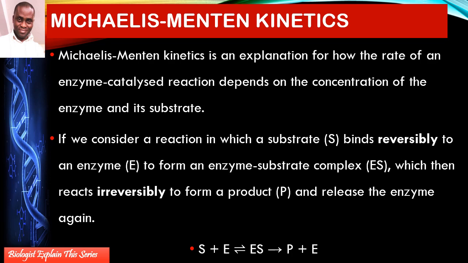Then from there you even form the EP complex, meaning the ES and the EP are both transition states on the way to forming the product. Of course, when the products are formed, they are not compatible or complementary with the active site. They have to be released, and the active site is free. That's why we always say that enzymes can be reused, because they are not consumed or destroyed. Once the products are released, the active sites of the enzymes are free again for substrate molecules to bind with them.